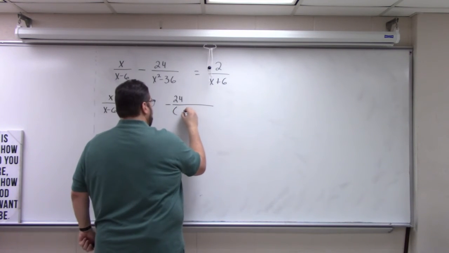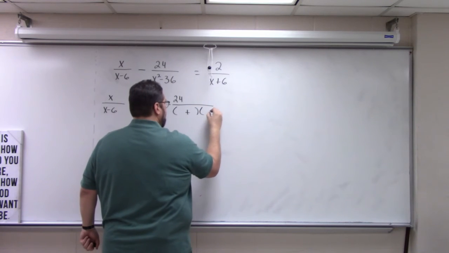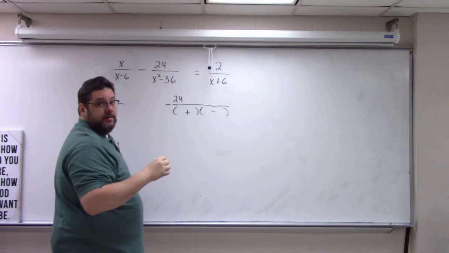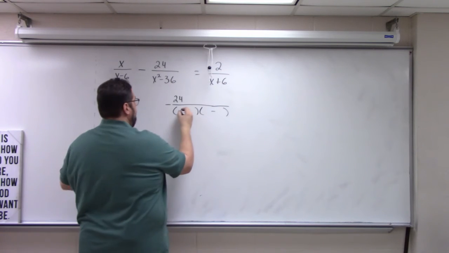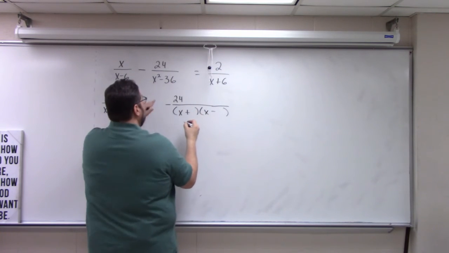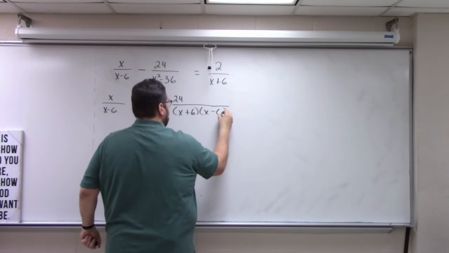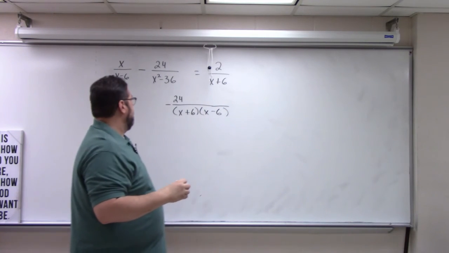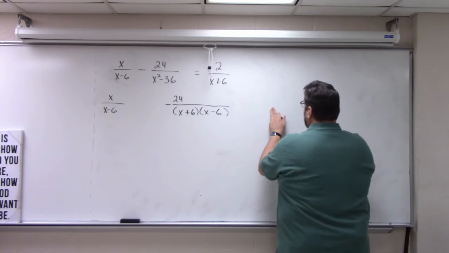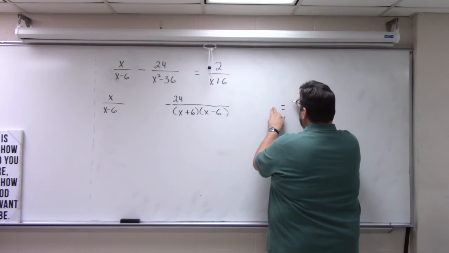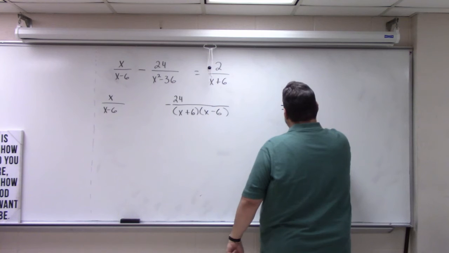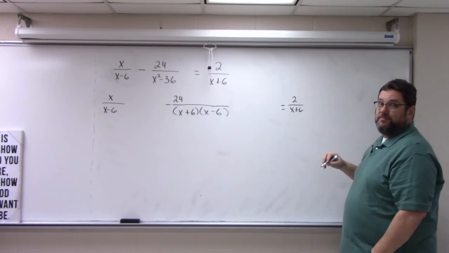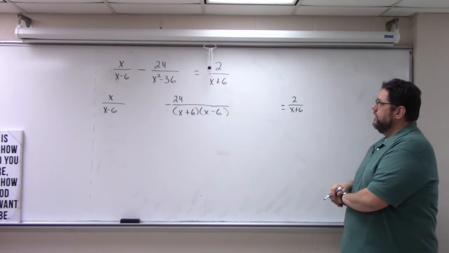Difference of squares has the plus and the minus. Okay? Square root of x squared is x. Square root of 36 is 6. And we're done. Again, I'm leaving space. Equals 2 over x plus 6. Whew, I'm using up a lot of board space. I'm probably going to regret that in just a minute.